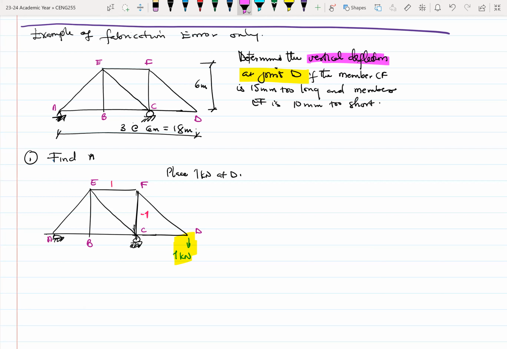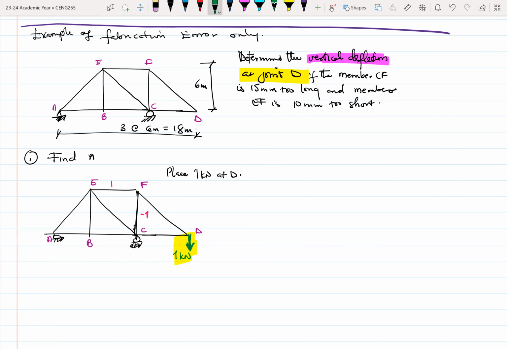It can be upward, it can be downward, right? Normally by convention, we usually assume downward deflection. That's fine. You can assume upward deflections, okay? So here we've placed a unit load at D, and then we use that information to calculate the N in the various members.